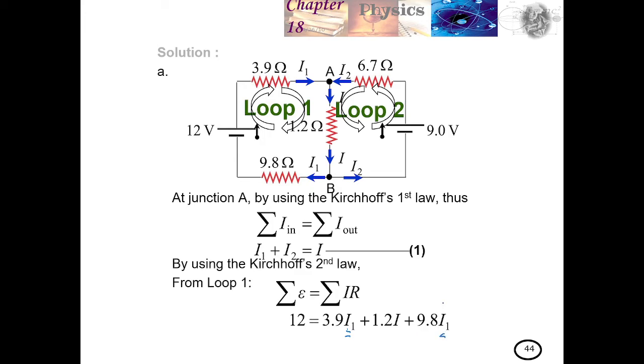This is very important: you have to rename the current that flows in that resistor. So 3.9 I1, because the current through the 3.9 ohm resistor is I1, and then 1.2 I, because the current through that resistor is I only.